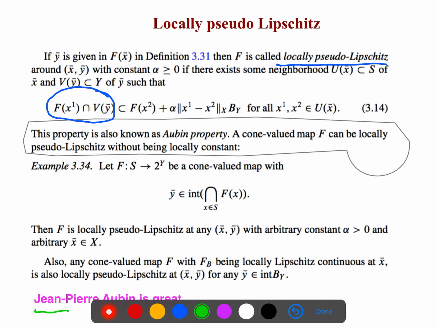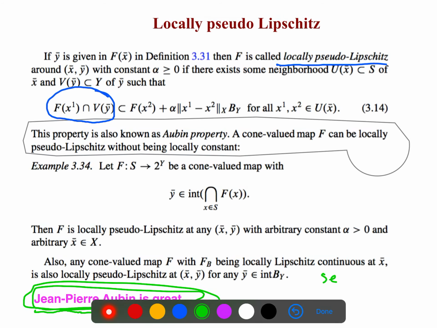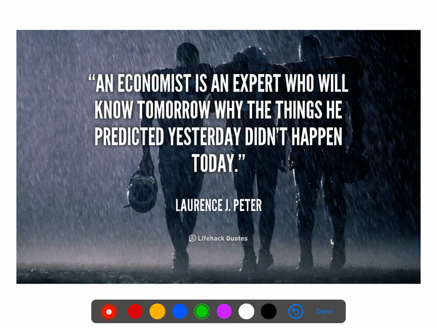And of course, Jean-Pierre Aubin has written books such as Set-Valued Analysis and Viability Theory, and many other good books. He is a French mathematician, and much of set-valued map theory originally comes from him.